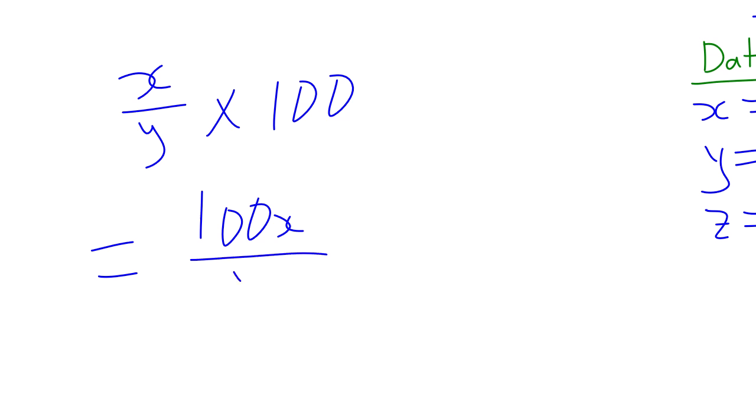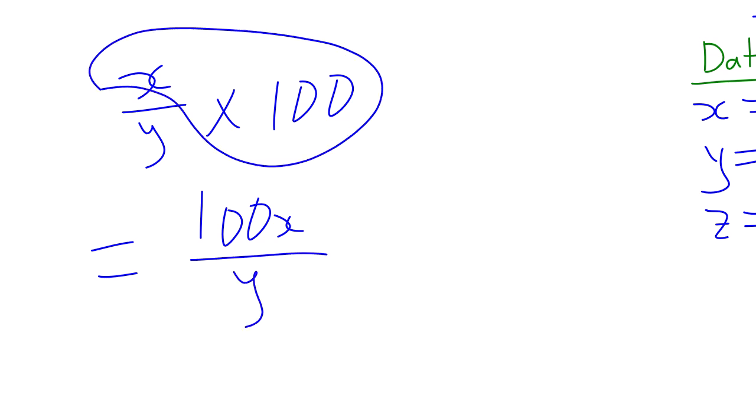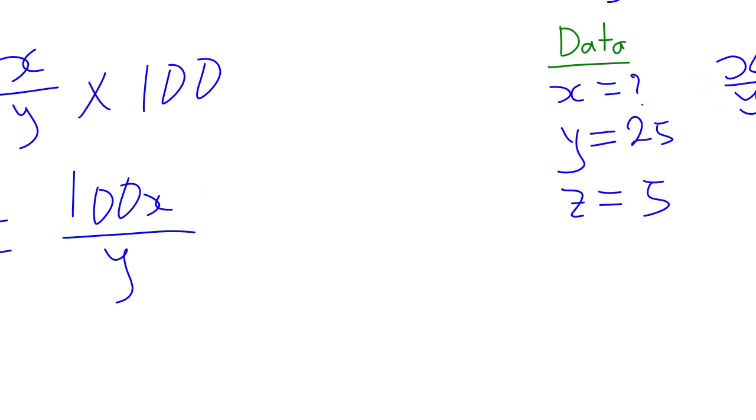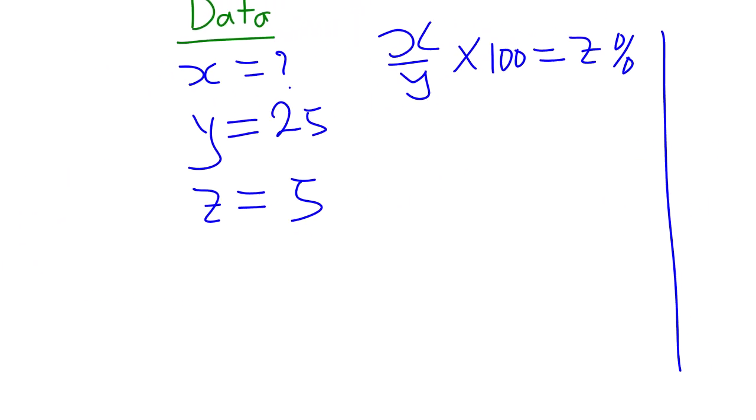It's just the same thing as 100X all over Y, because X will multiply by 100. X times 100 is also the same as 100X, because you can hide the multiplication sign between the alphabet and number or figure.